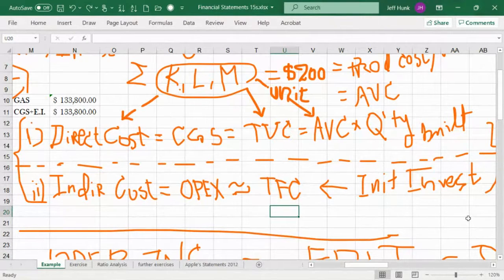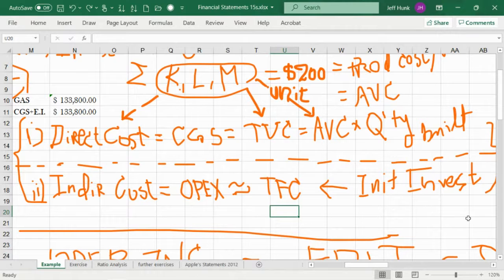So even before starting any production, you must invest in the plant and equipment, which is called startup capital.